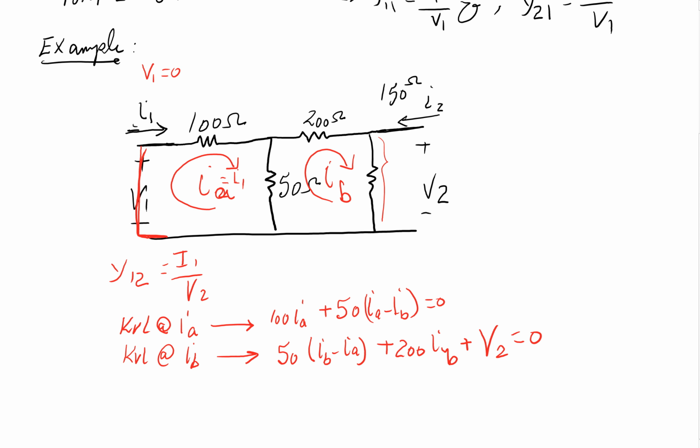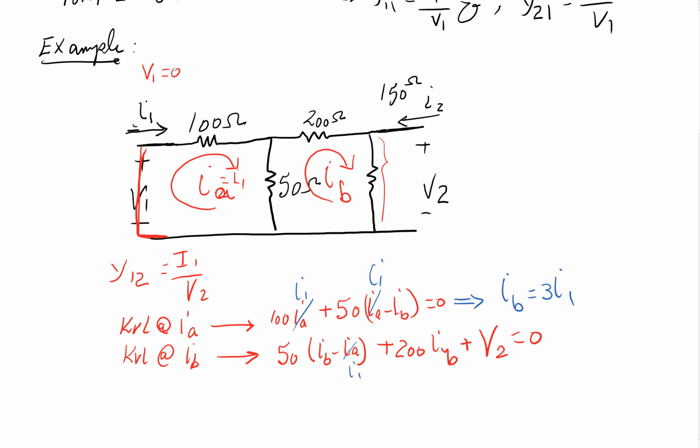I know IA is I1, so let me use a different color so it's easier to see. This is really I1, this is really I1, and this is really I1. If I get rid of IB, I'm done. That's relatively straightforward: based on this one, we can clean it all up and find that IB is going to be equal to 3 I1.